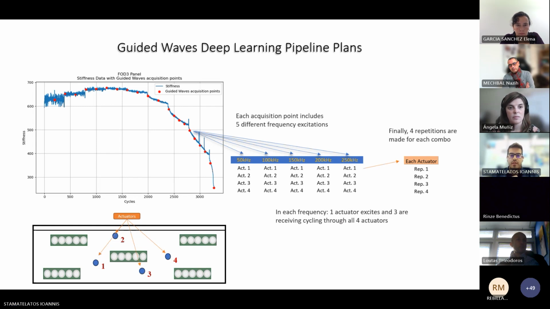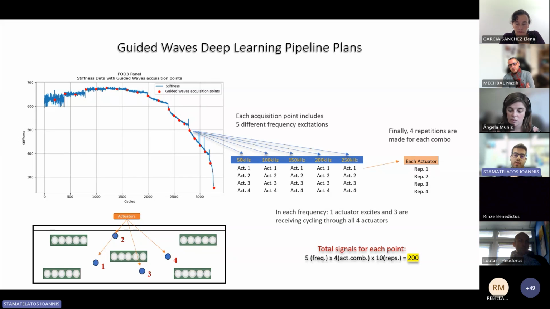As you can see, the experiments were done for many different frequencies, and for each frequency, we had 1 actuator excite and 3 receiving. So we had 4 actuator combinations, and for each of these combinations, we had 10 repetitions.